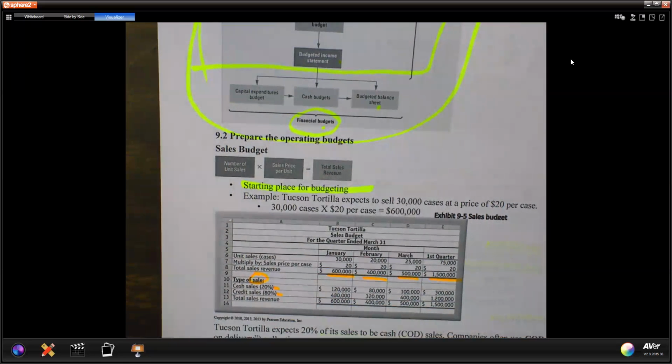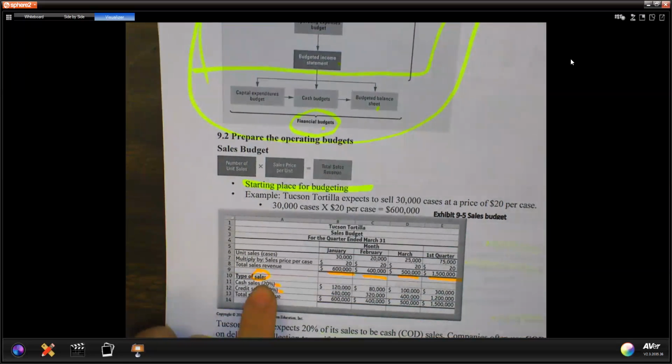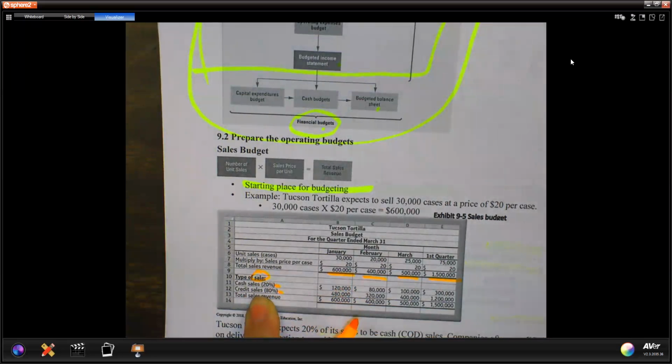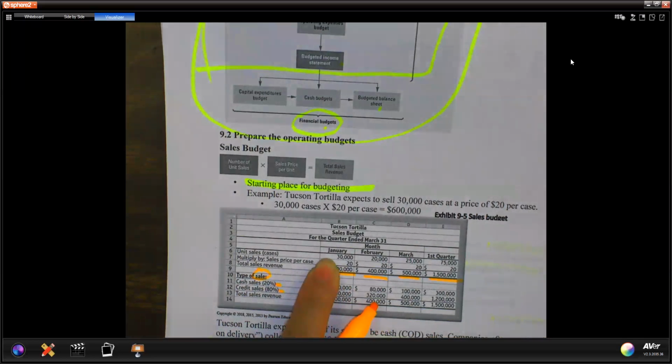The question will tell you, hey, cash sales is 20% of the rest, which means 80% will be credit sales, and your collection is maybe 60% the next month, 40% in the following month, something like that. So you will collect the cash for your credit sales in a following month, but your cash sales, the 120,000, will be collected in January.